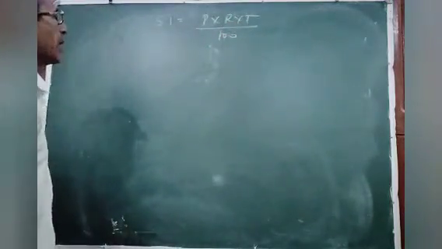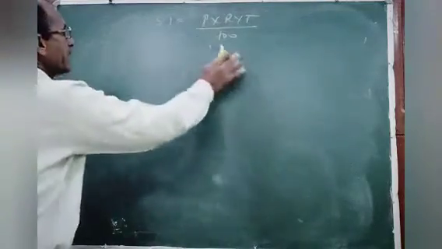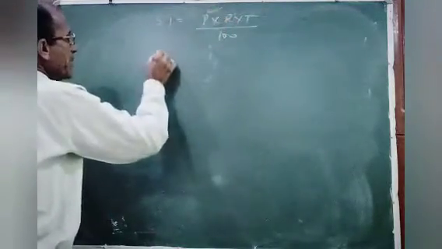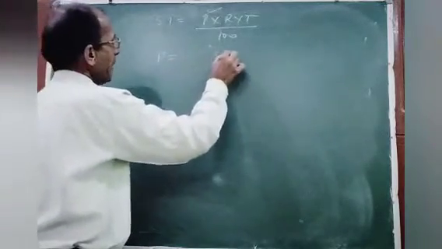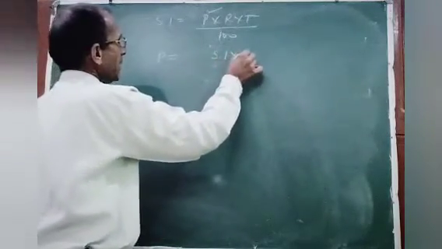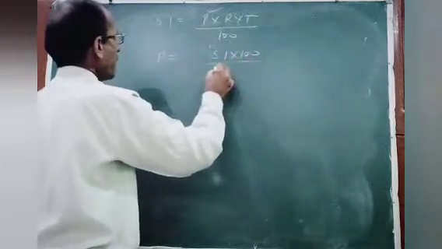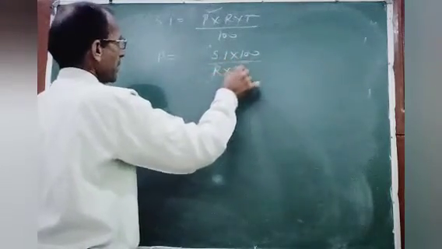So this is the formula for finding simple interest. If we have to find principal, it will be equal to simple interest multiply by 100 upon rate multiply by time.